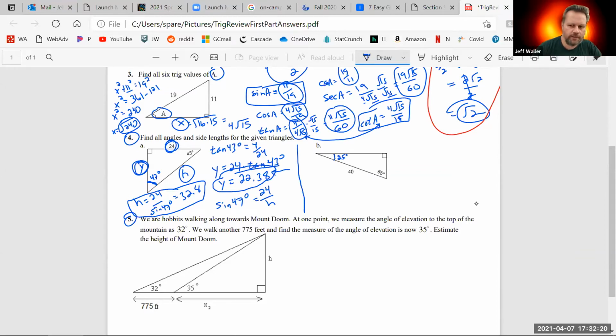So go ahead and finish this out. Go ahead and figure out these two side lengths of this triangle in any fashion you want to. There are multiple ways to do it.